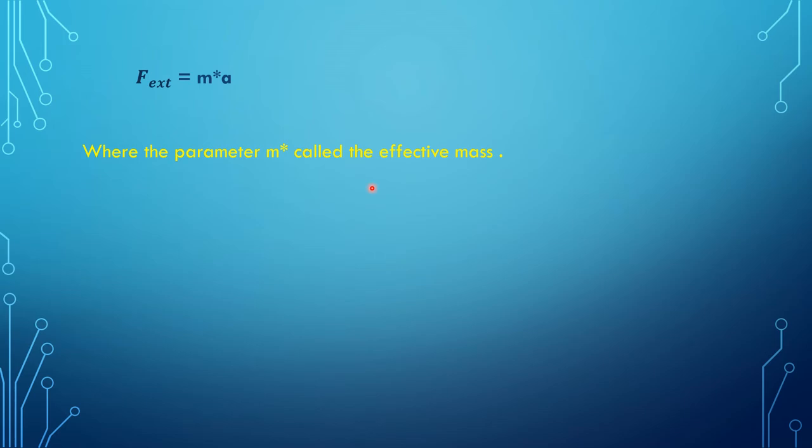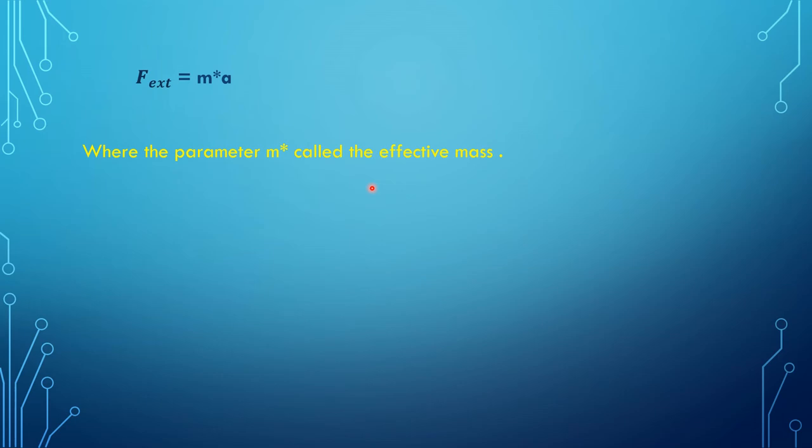I hope you understand. When an external field is applied to a semiconductor device, what are the charge carriers in the semiconductor device? They are the electrons and the holes. These electrons and holes experience some forces due to the externally applied field and also due to the internal periodic field which is produced by the crystal.